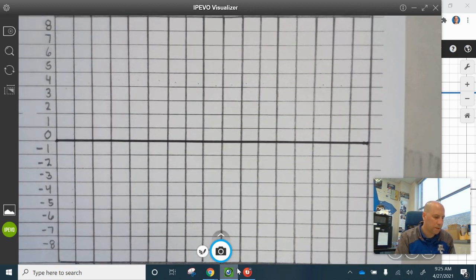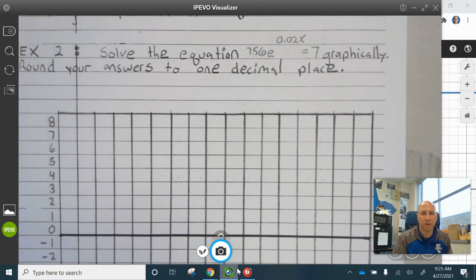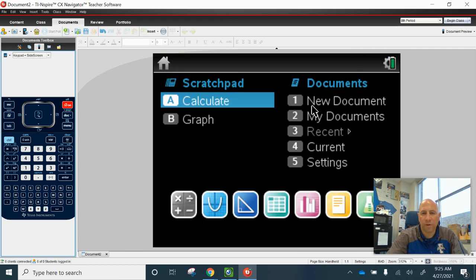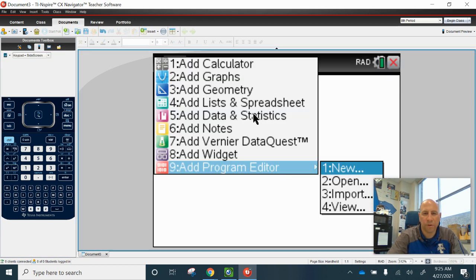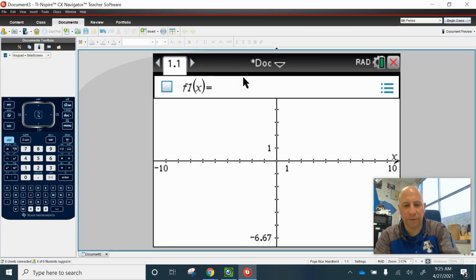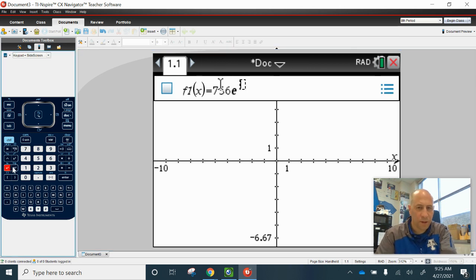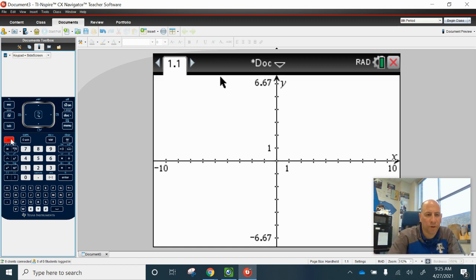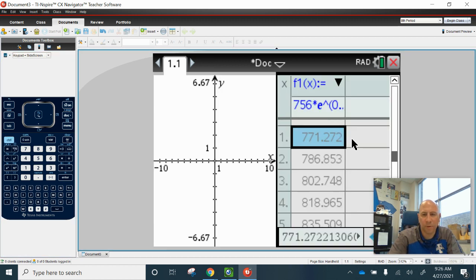All right, now you have that. Let's come back up to here and let's graph the left side. So I'm going to go to on, new document, add graph, and so we're going to graph 756e to the 0.02x. Press enter. Press Control T, and we want to adjust the table.